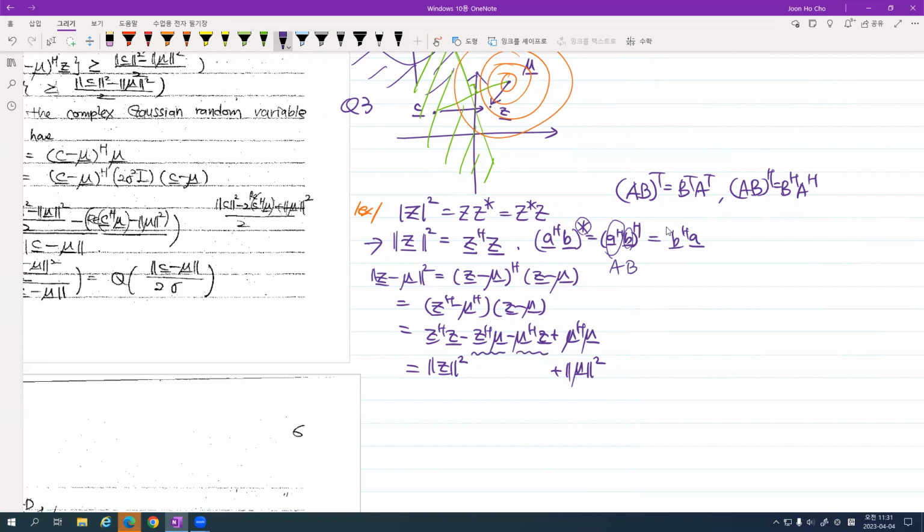What about z Hermitian mu and mu Hermitian z? They are conjugate pairs. And what happens when you have z plus its conjugate? That becomes 2 times the real part of z. In this case, these are complex scalars, so negative 2 times the real part of, you can choose either z Hermitian mu, or if you like mu Hermitian z, you use it.